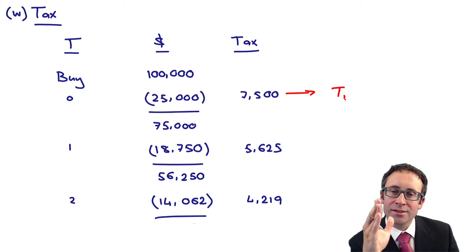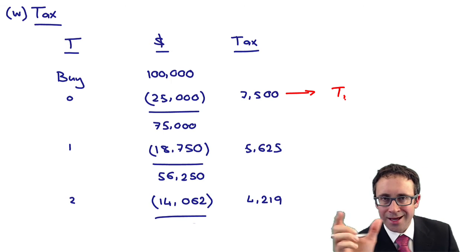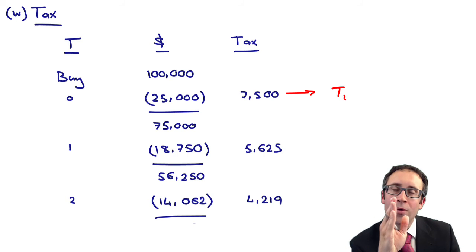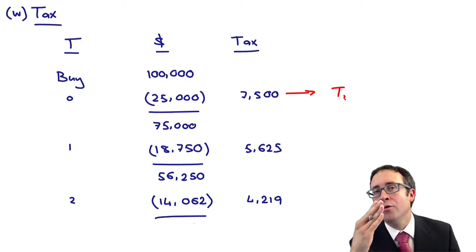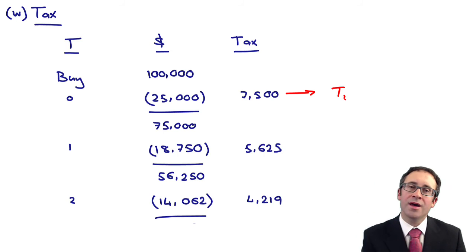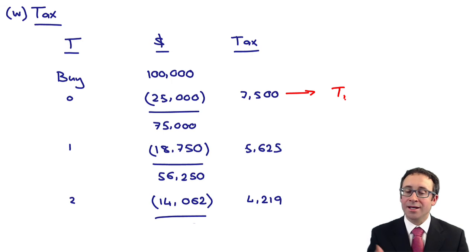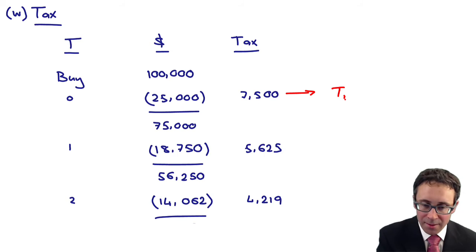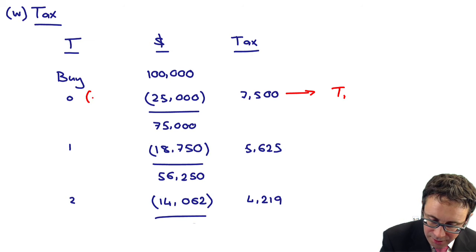It will be used in that first year, but we claim the allowance for our preceding year, and therefore in T1 we then have the tax saving. That's based on my 25% reducing balance.